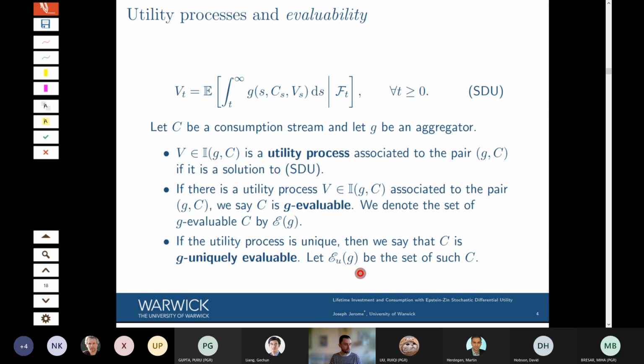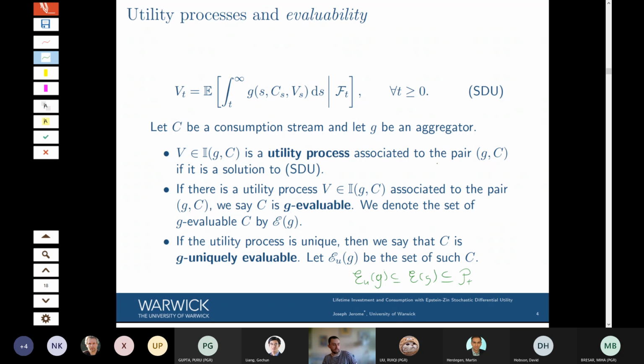And in general, we're going to have that the uniquely evaluable consumption streams are contained in the evaluable consumption streams. And because we're only interested in consumption streams that remain non-negative, that's going to be a subset of the non-negative progressively measurable processes, which here I'm denoting by script P plus.